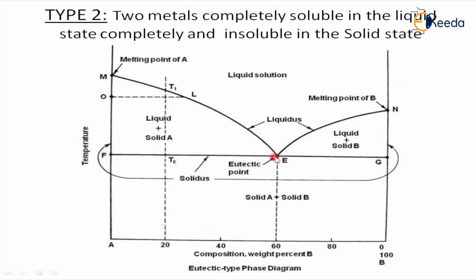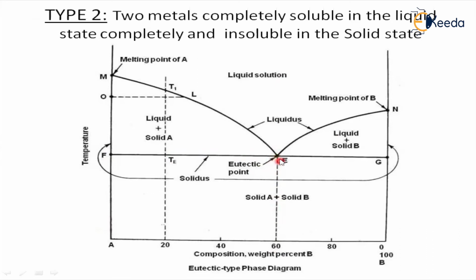If you draw a horizontal line at this point, this line represents the eutectic temperature, and a vertical dotted line, suppose at 60% of B, this alloy is represented as a eutectic alloy.